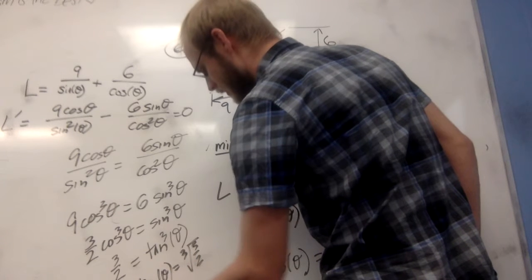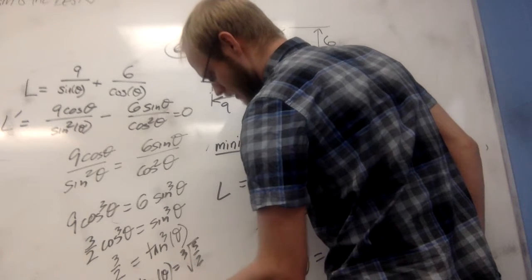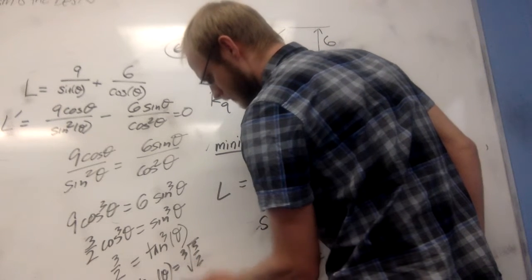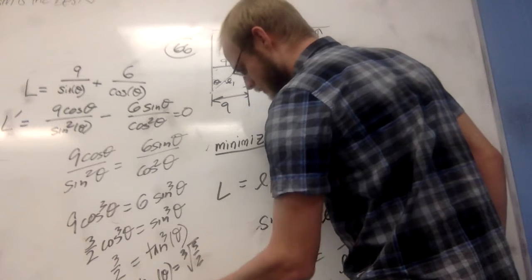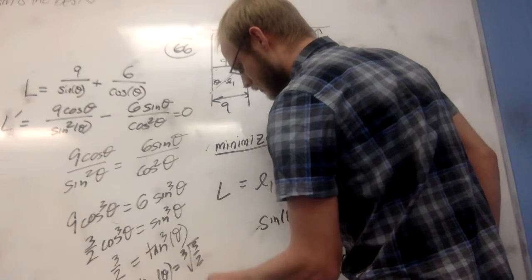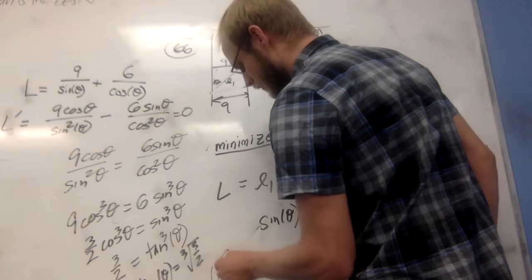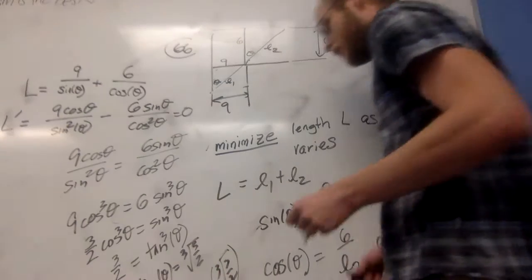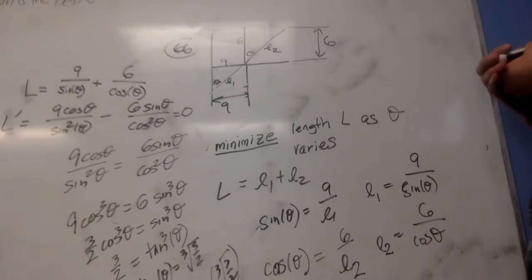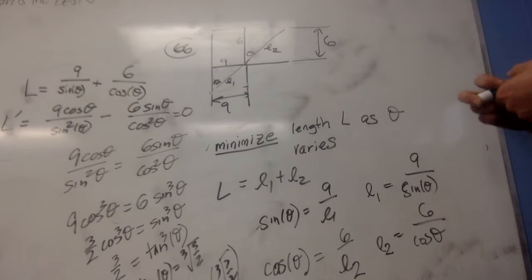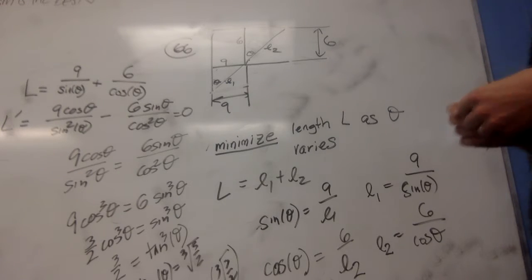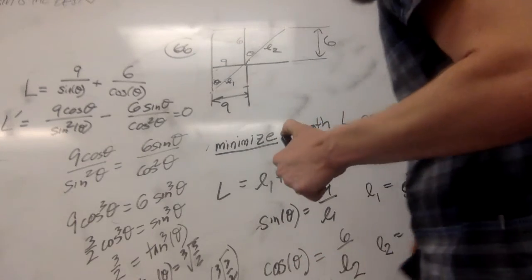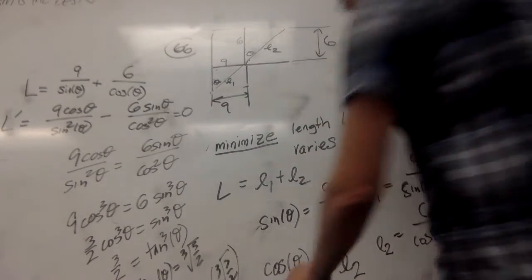Or in other words, theta is the inverse tangent, arctan. I don't know if in pre-calc you use arctan or inverse tan. Let's write arctan. The cube root of 3 over 2. What a crazy number. So we want to minimize the length as that varies. So you're going to get a horrible expression here for the minimal length. Let me just erase this.